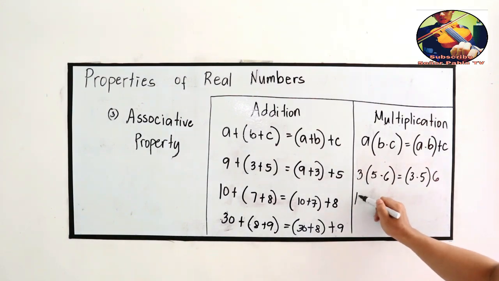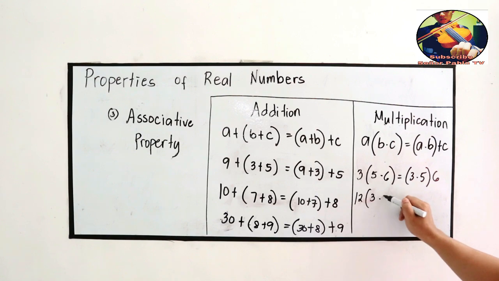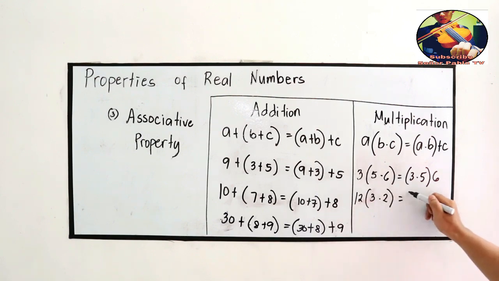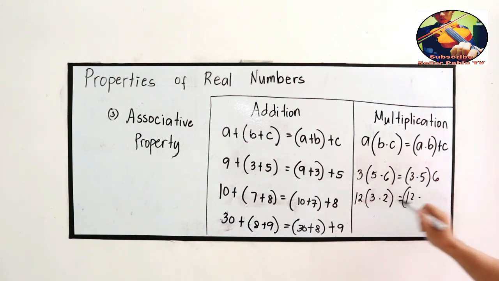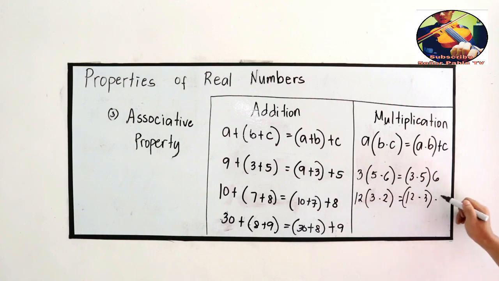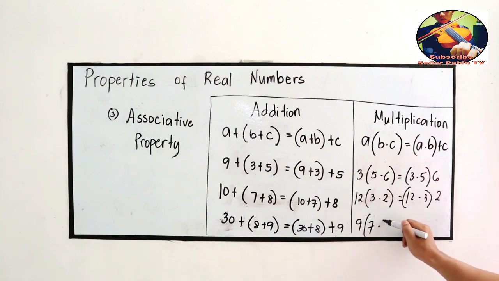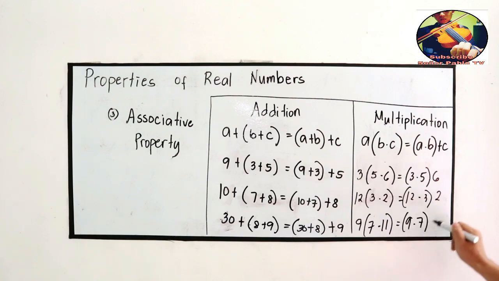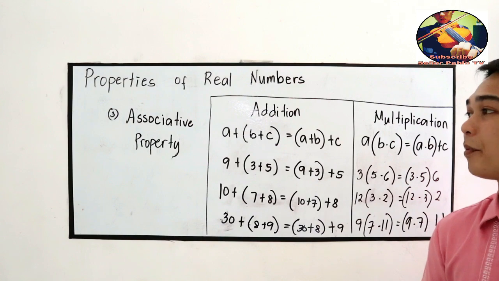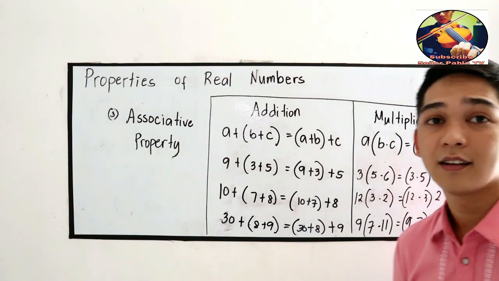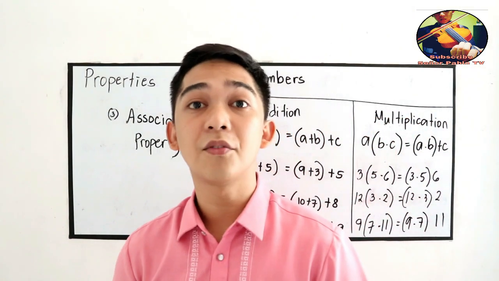Or 12 times 3 times 2, equal when it is 12 times 3, times 2. Or 9 times 7 times 11, equal when grouped differently. So that is the associative property of multiplication and of addition.